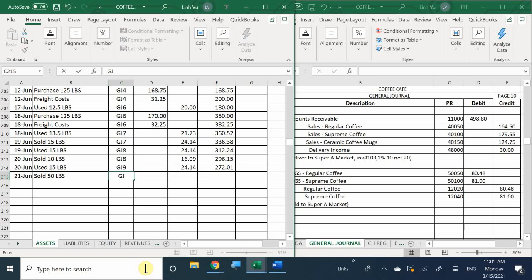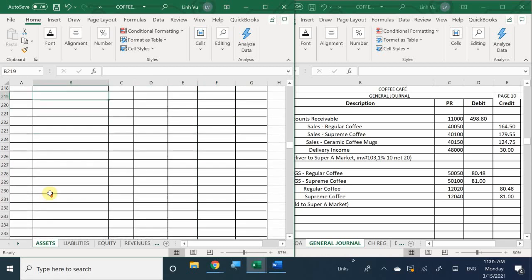General journal number 10 for 80.48. So what is going to be my total amount here? 191.53, which we know for sure that matches.